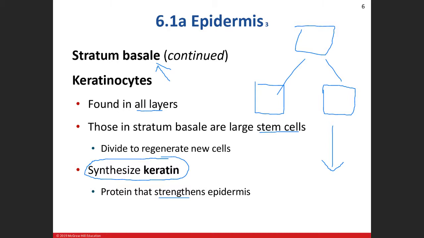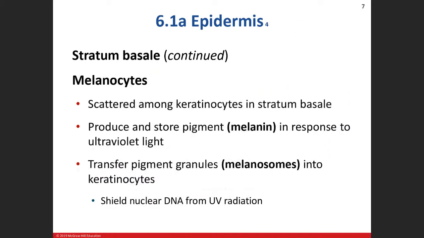The next type of cell that we see in this layer are the melanocytes. Now they're not going to be as abundant, so they're going to be scattered throughout this cell layer. But what I love about these cells is they produce one of my favorite substances in the body, melanin. And they say you always want what you don't have.